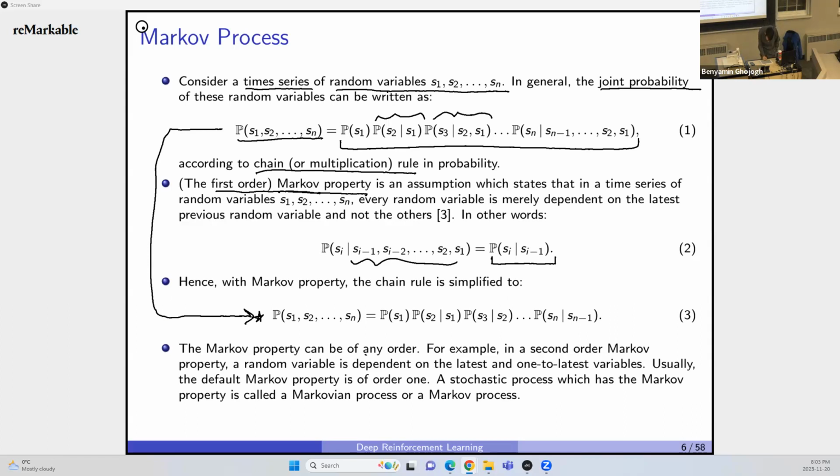It can be any order, as I said. Usually the default Markov property is order 1. So whenever we say Markov property, we mean first order Markov property, usually. A stochastic process which has the Markov property is called Markovian process or Markov process. A time series which has the Markovian property is called Markov process.